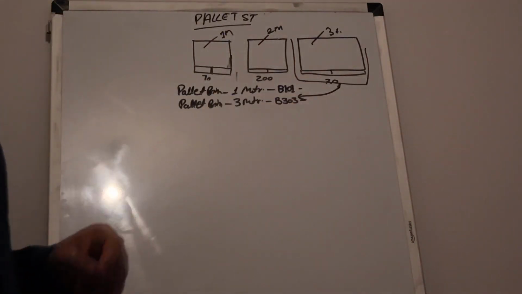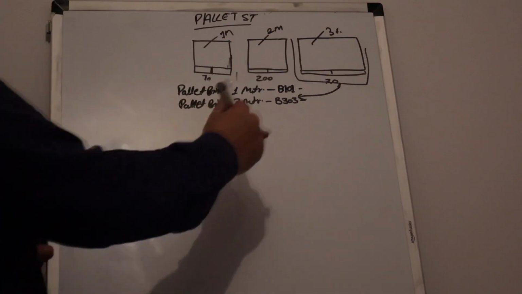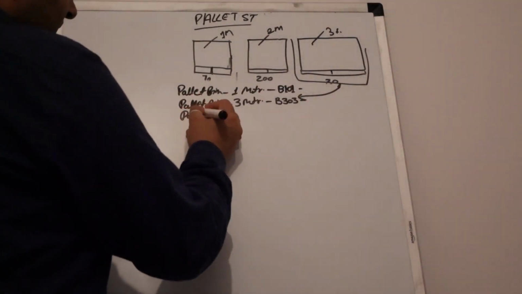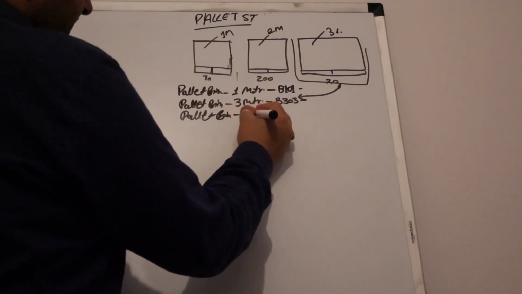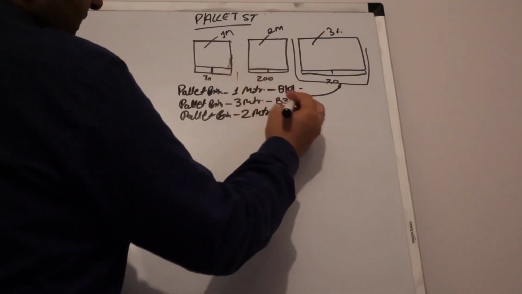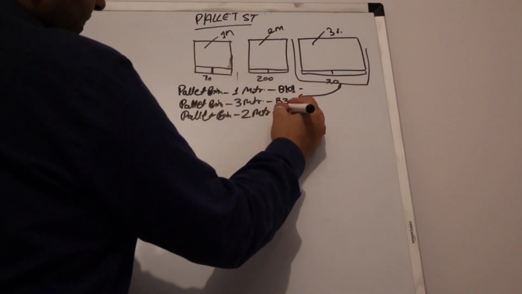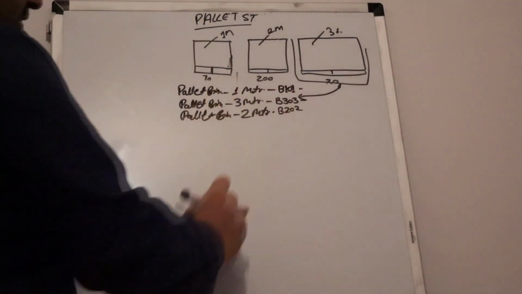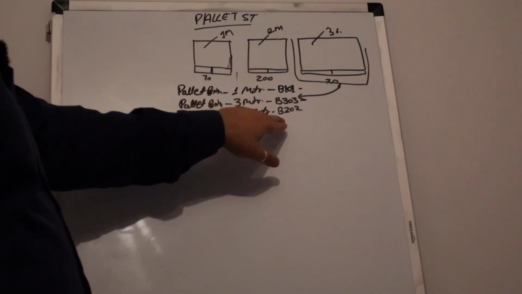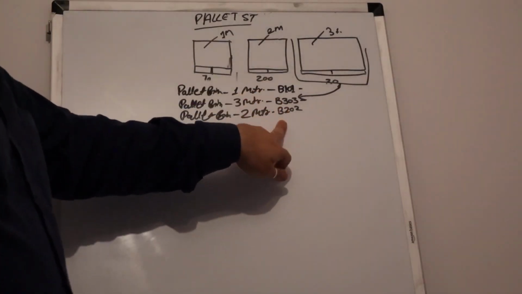Now the third is actually the pallet bin. We have 2 meter. Suppose this is the B202 for an example. So suppose this is the 2 meter of the bin. See carefully here.